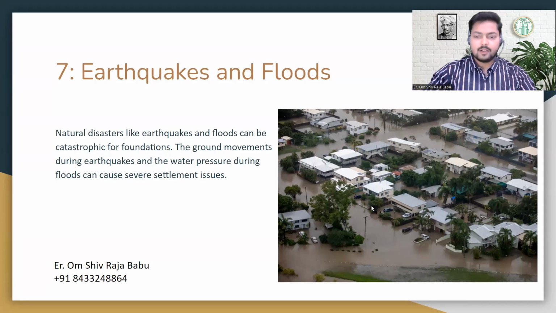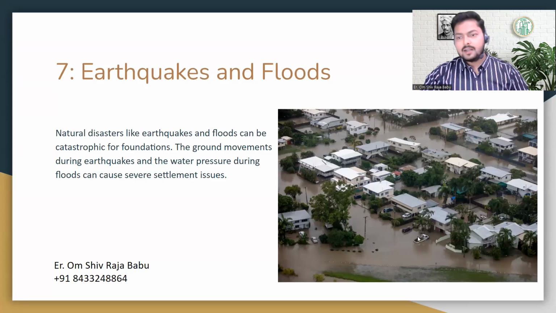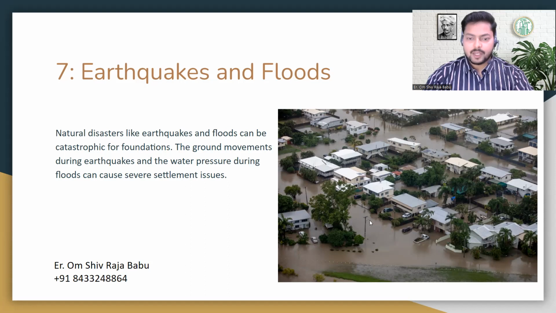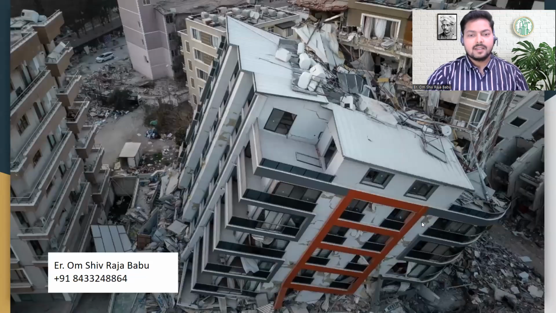During the flood, the voids in the soil will be filled up by the water, and when there is surplus water in the soil, it will shrink. If the soil beneath the foundation is shrinking, then obviously it will lead to the settlement of the foundation.